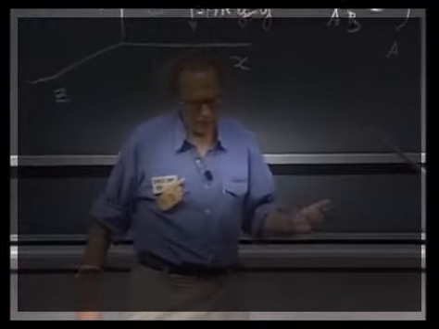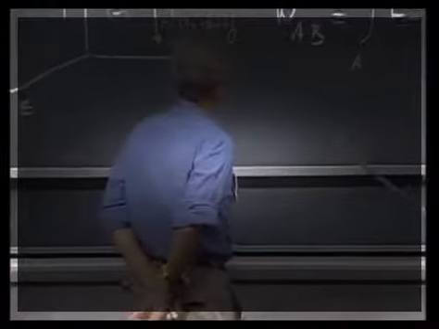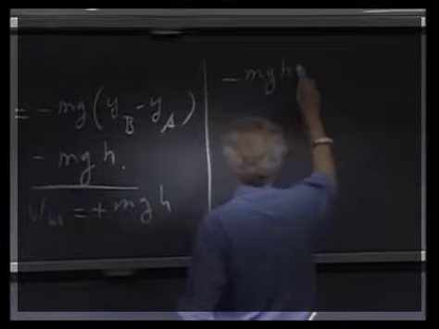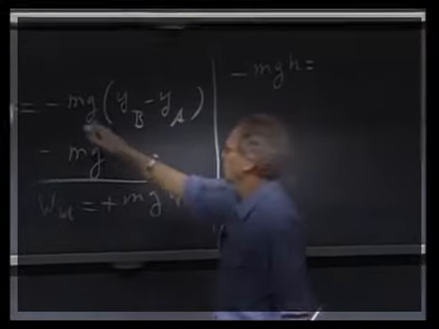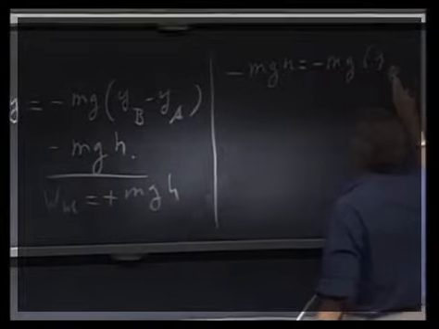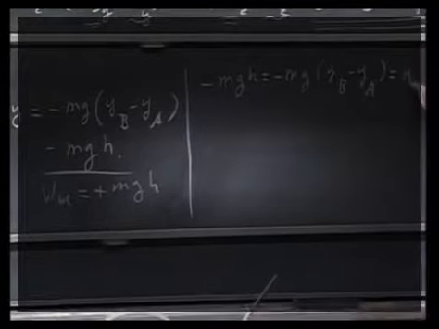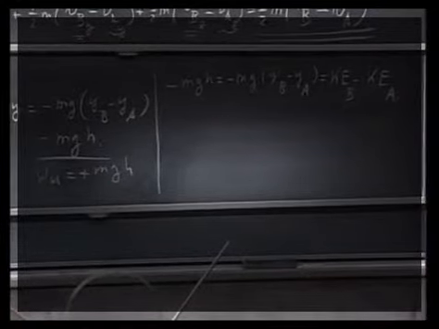Again, I'm going to concentrate now on a case where we deal with gravity only. When there's only gravity, then we have that minus mgh, the work done going from A to B, equals minus mg times y of B minus y of A. And that now is the kinetic energy at point B minus the kinetic energy at point A. This is the work energy theorem.